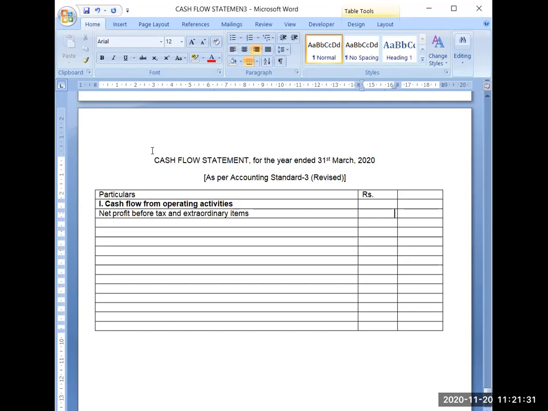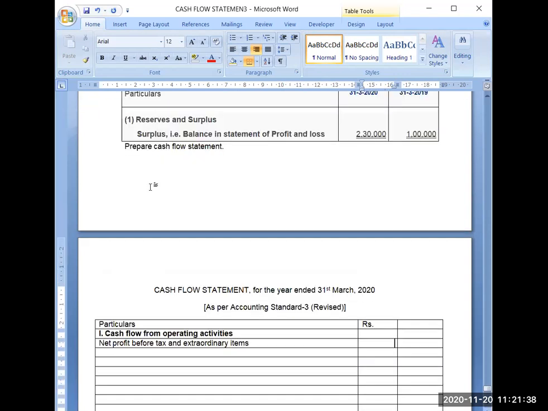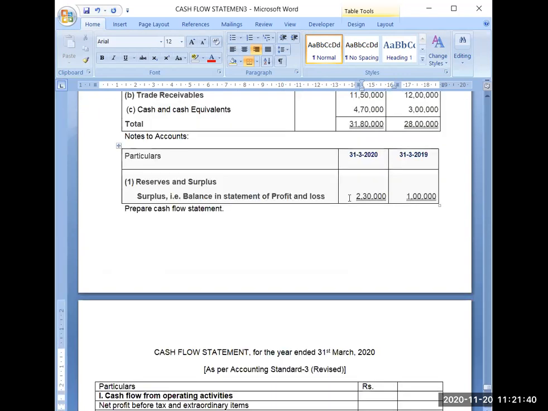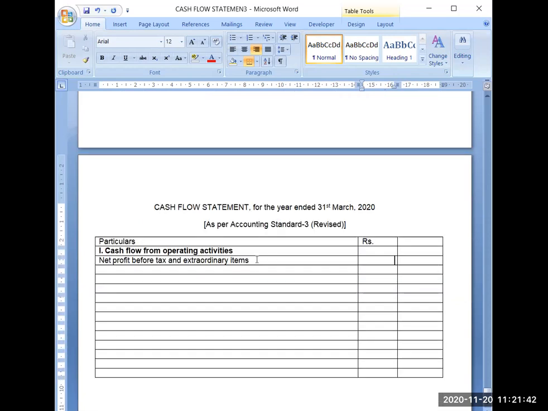So the formula is that we have to take the difference between opening and closing balance, and the formula is closing balance minus opening balance. So it will be 2,30,000 minus 1 lakh. It will become 1,30,000.